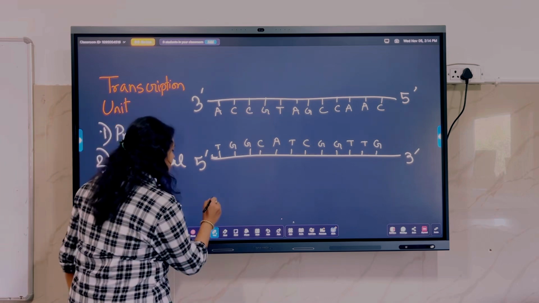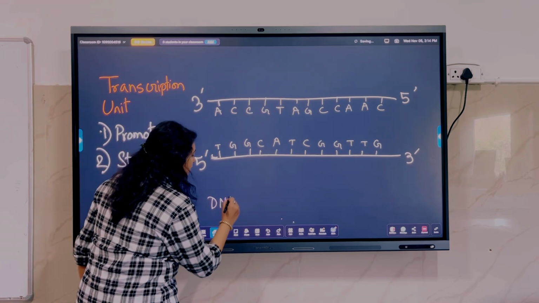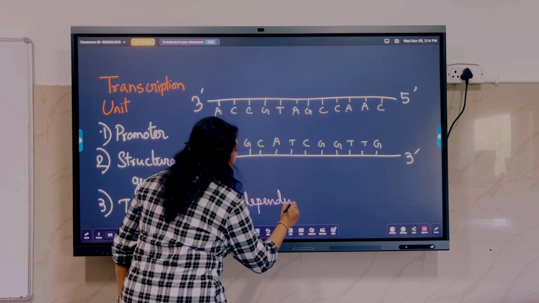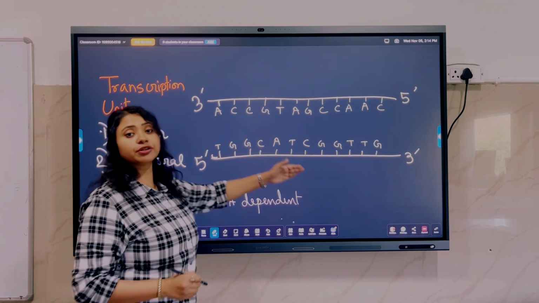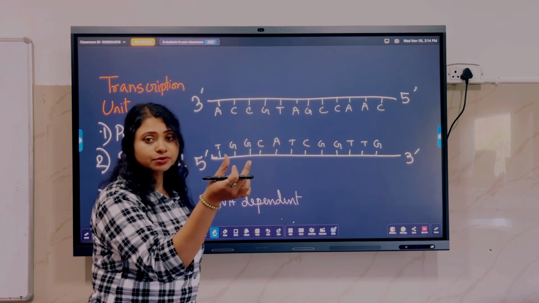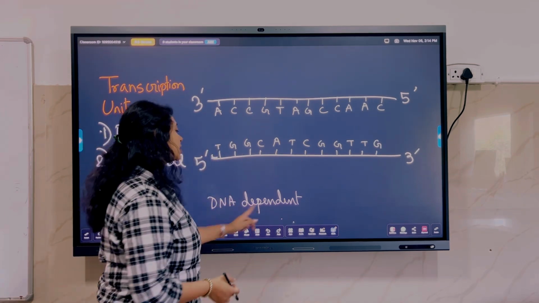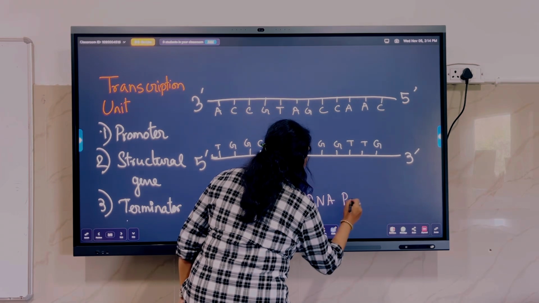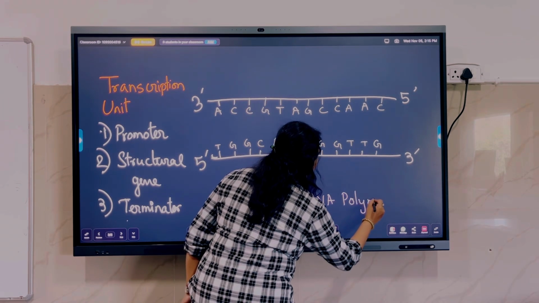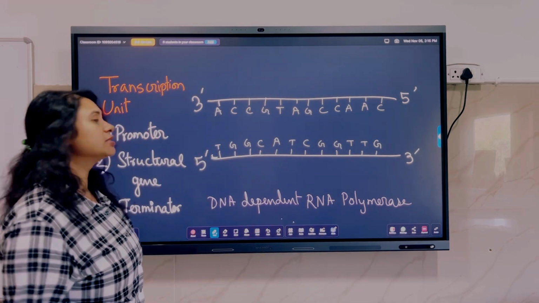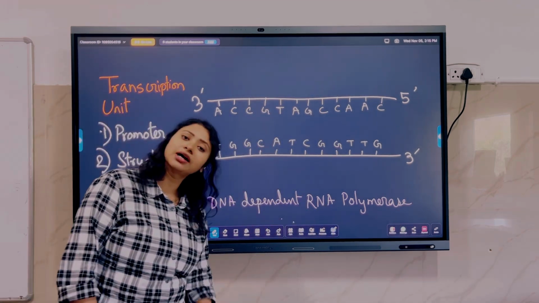The enzyme's name is DNA dependent. What is going to be produced? RNA. So what polymer is going to be produced? RNA. So DNA dependent RNA polymerase is the name of the enzyme we are going to use here. In short, I am going to call it only RNA pol.